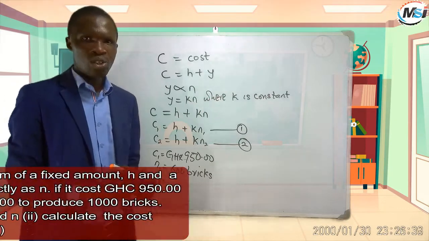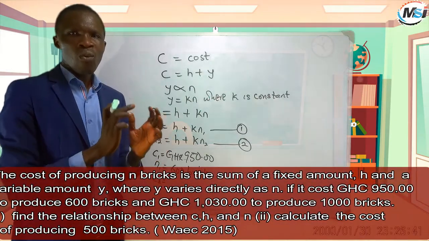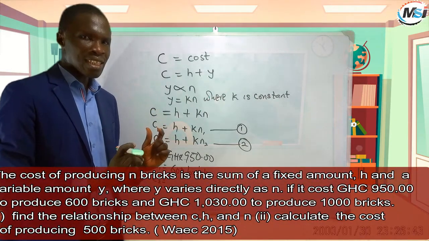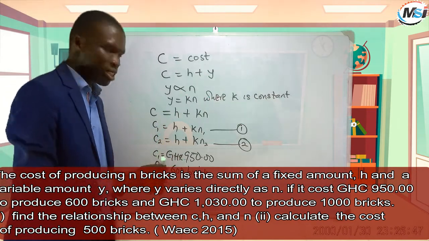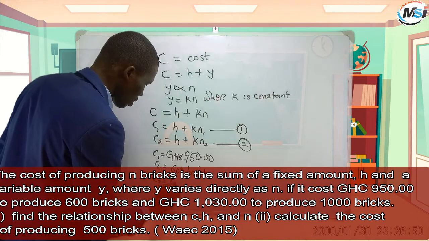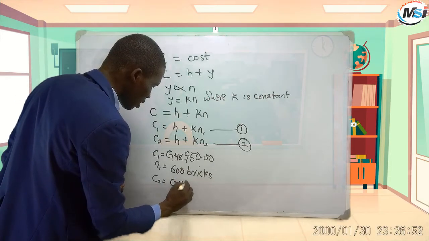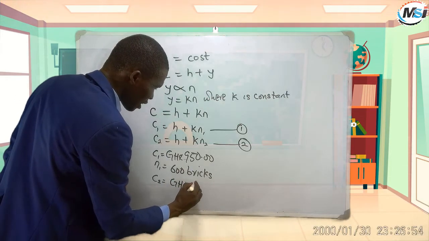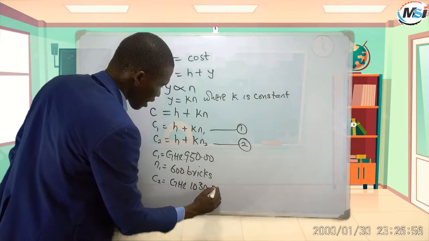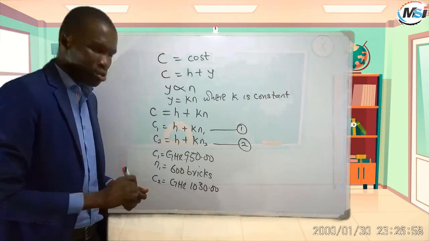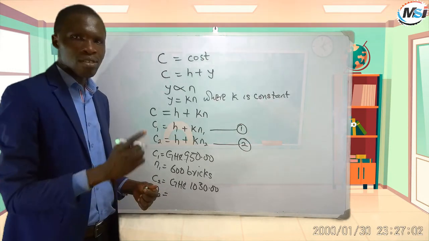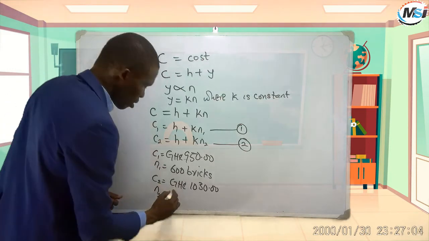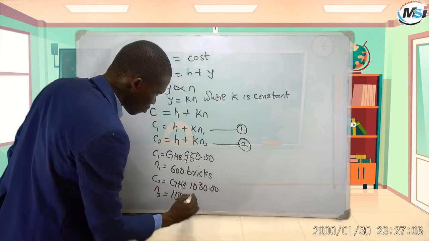If you look at the question again, we have 1030 Ghana cedis to produce N2. N2 will give us what? 1000 bricks.